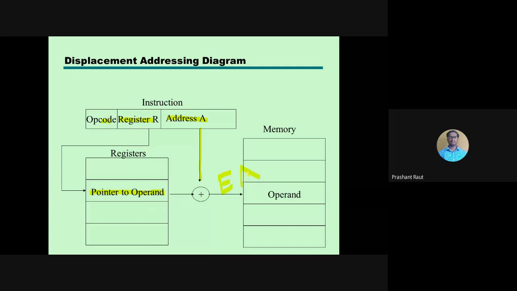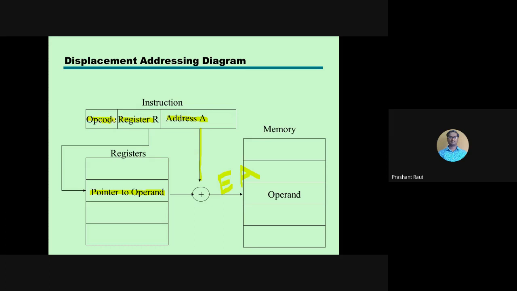How do you get this effective address? The effective address is generated such that the base address is stored either in A or in R, and the offset is stored in the pointer field, or it can be in the address A field. You can interchange these things. So I repeat it again.